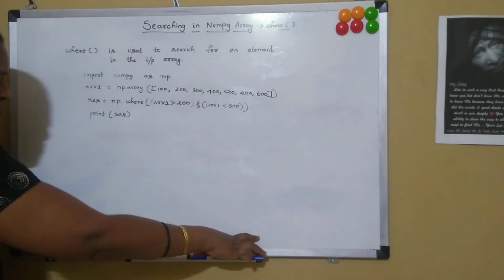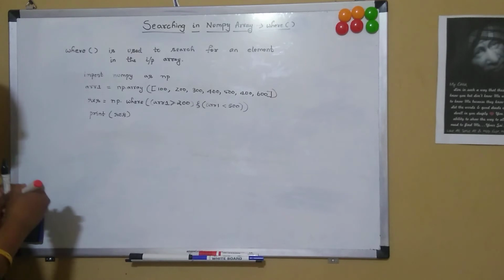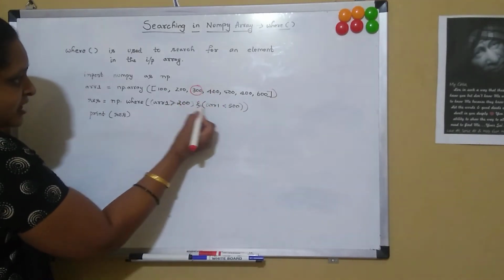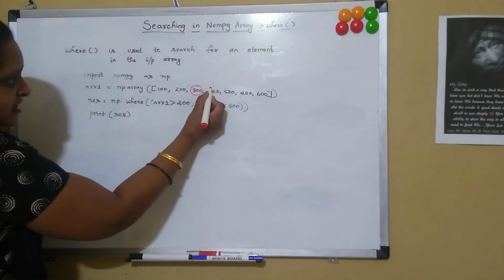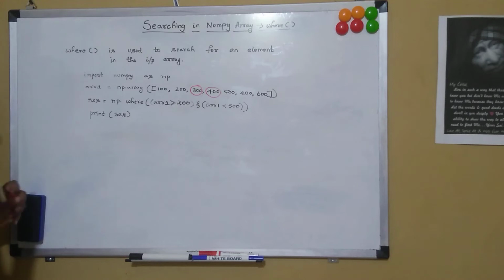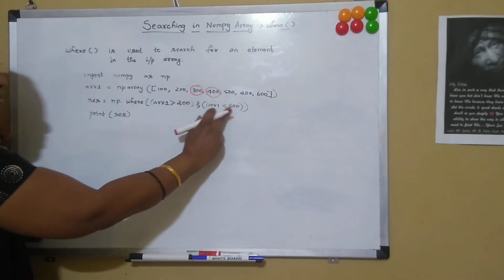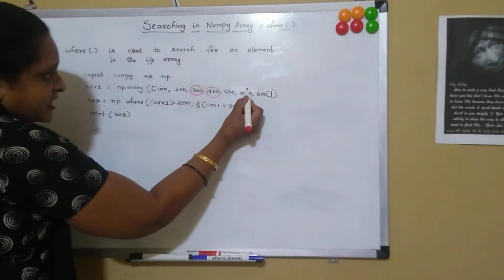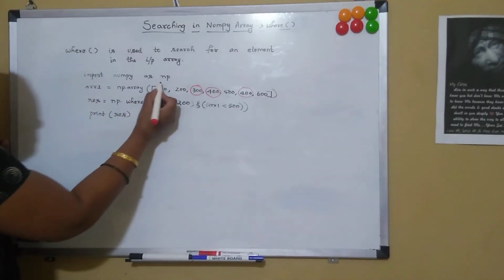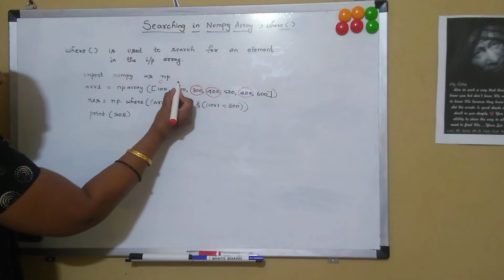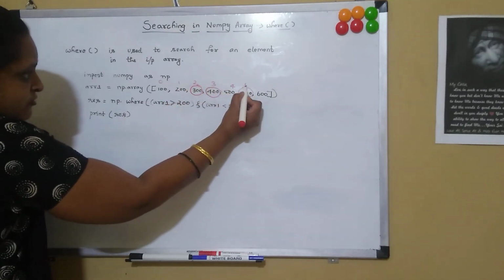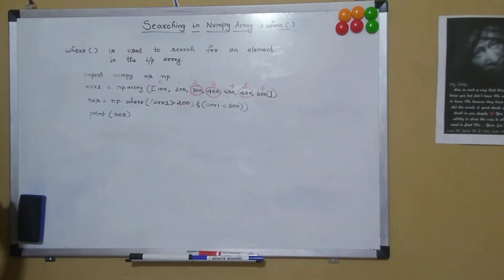Which values satisfy this condition? Greater than 200 is 300, and less than 500 is also 300. 400 gets satisfied. 500 does not get satisfied because 500 is not less than 500. And again this 400 gets satisfied. So what are the index values? 100 is at the 0th index, then 1, 2, 3, 4, 5 and 6.